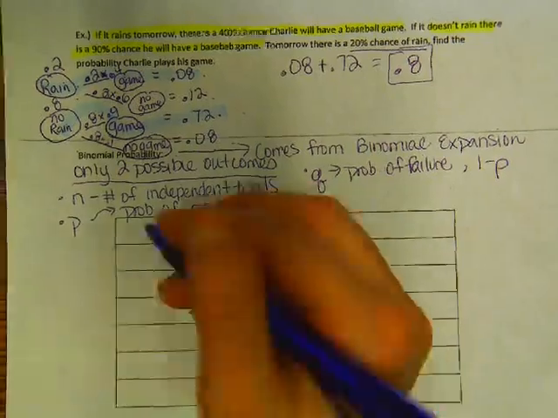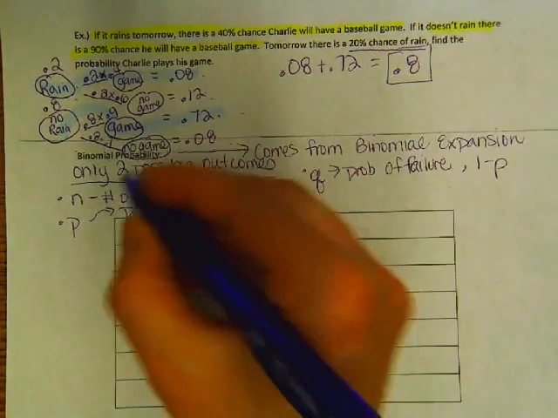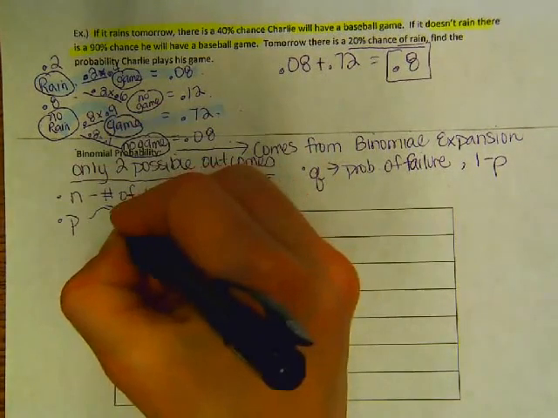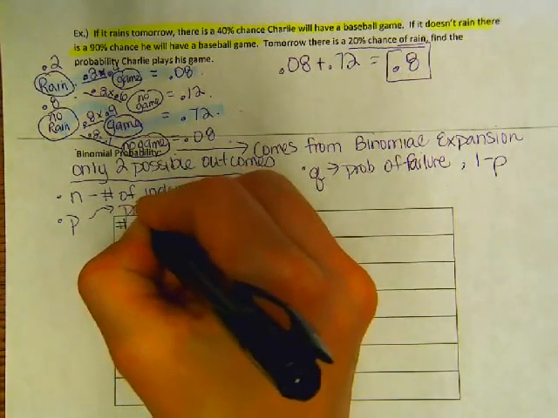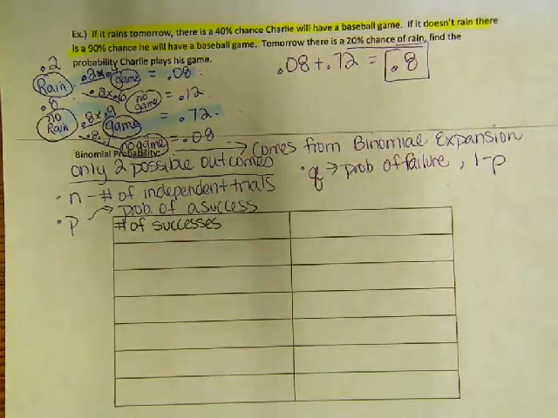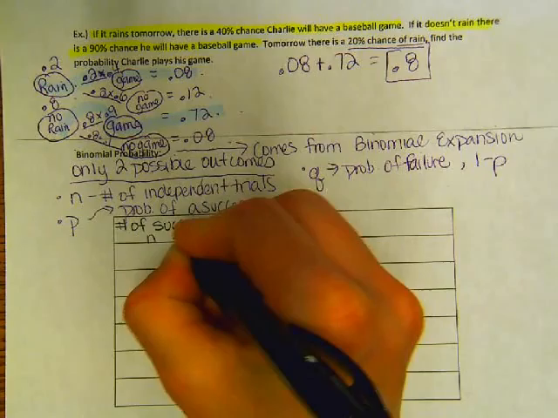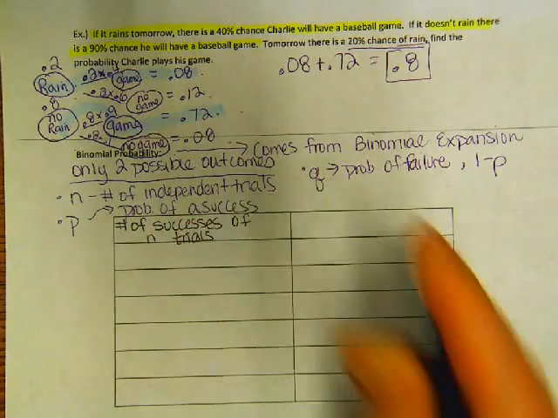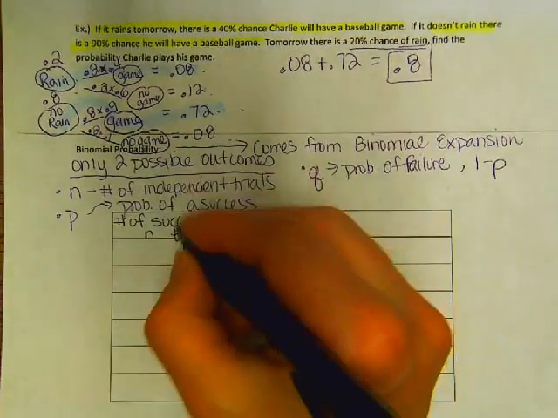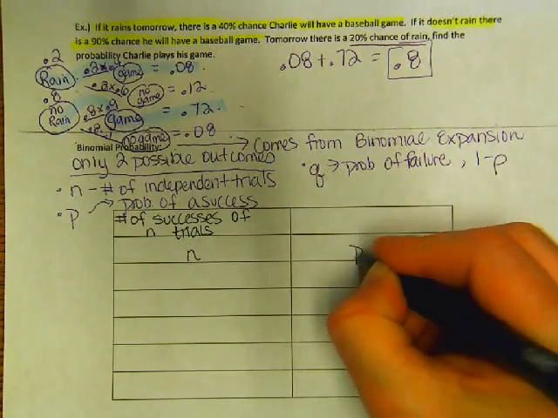If I am in this column, and I might run out of room, to count the number of successes of n trials, if I said n trials and n successes, there's only one way that can happen.